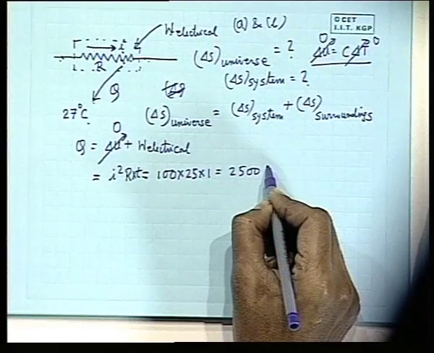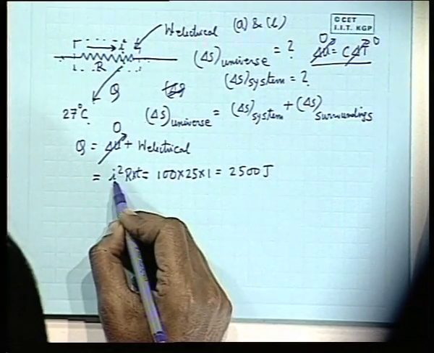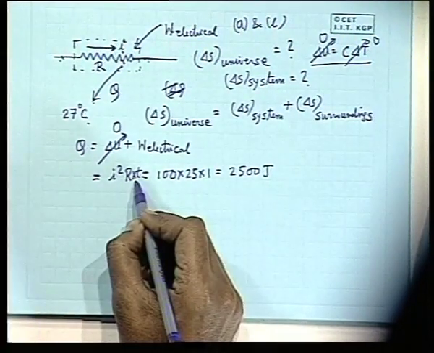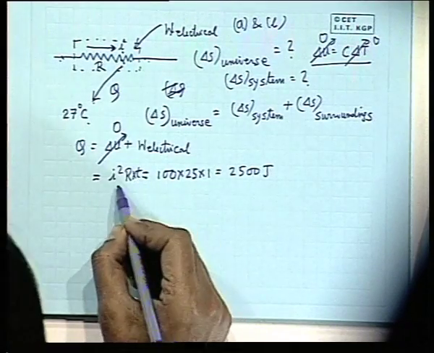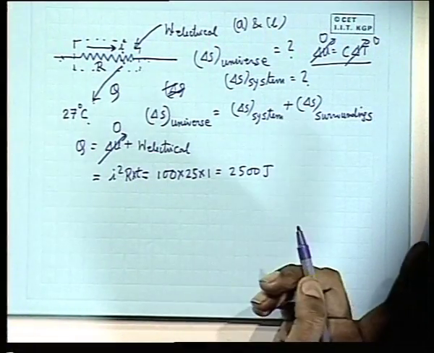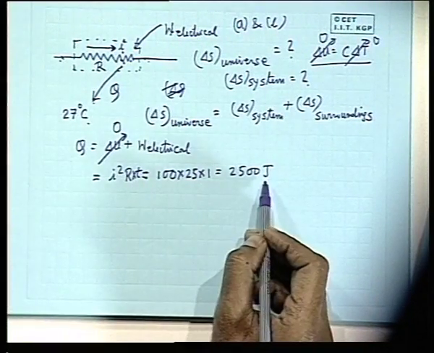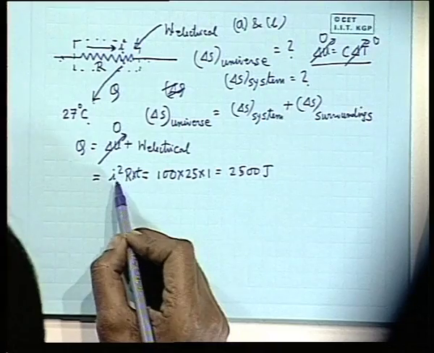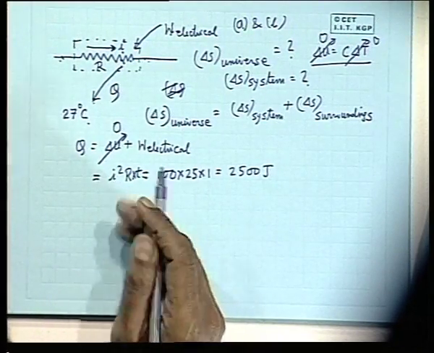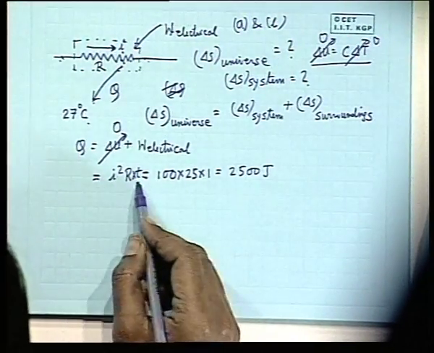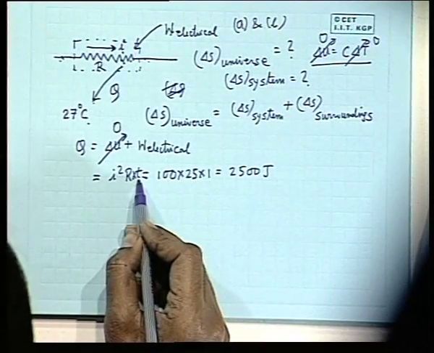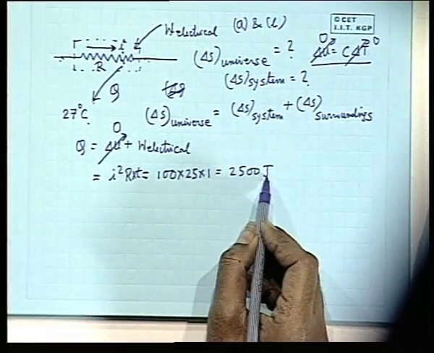I square R T joule, where I is in amperes, R is in ohms, and T is the duration. Then it gives the amount of energy. It is for 1 second. As far as the result is concerned, if you do not write T it will be the same, but it is definitely conceptually wrong, because I in amperes with that rate implies power. So, you have to multiply with time. Very good. So, this is the Q.